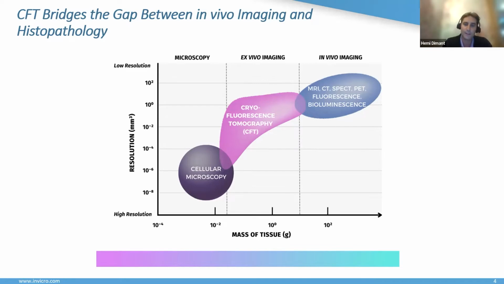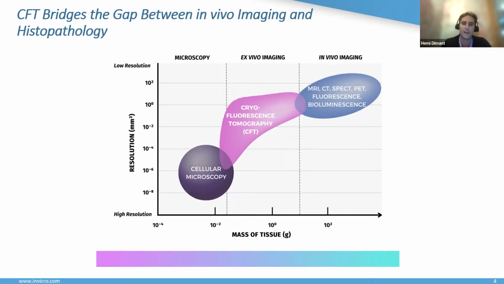On the other hand, if you're looking at cellular microscopy, then you are able to increase your resolution to cellular resolution, but then you're limited in the mass and the volume of tissue you can image. There's basically only so many sections one could image. You're limited to sections, and you'll have to, in a sense, pick which regions you're collecting sections from, and then you can conduct cellular microscopy.